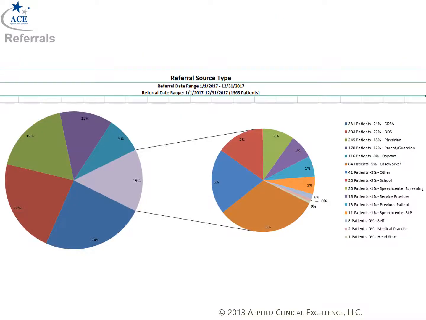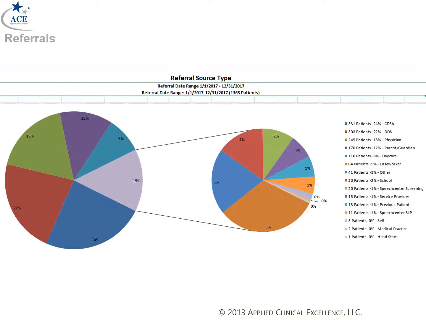The second referral report that's of interest is a referral source type graph. So what ACE does is it looks at all of the referrals received during a date range. In this example, we're looking at the calendar year of 2017. And then ACE determines what the referral source type was.